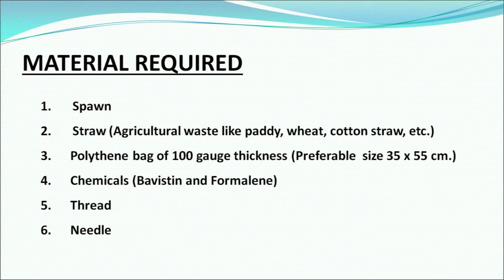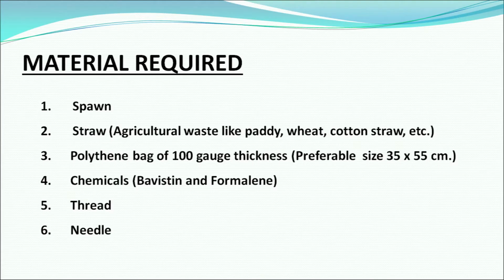Straw can be agricultural waste like paddy straw, wheat straw, cotton straw, etc. Then we require polythene bags of 100 gauge thickness, and the size can be 35 by 35 centimeters or it can vary, lengthwise it can be more, widthwise it can vary, but normally we should be able to fill 2 kg to 5 kg of the substrate. And the chemicals, most commonly used are bavistin and formalin. We require thread and needles.